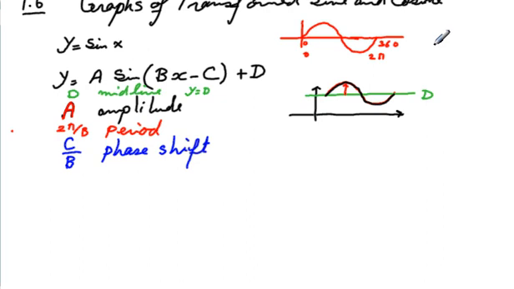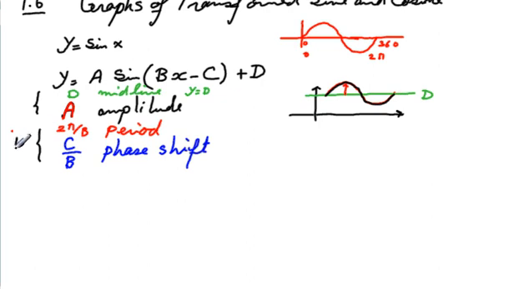So we have 4 quantities to think about. We have these two and also these two. The effect of these two is to modify the shape horizontally. Phase shift simply means moving the picture to the right or to the left. Modifying the period means you are shrinking or stretching this thing horizontally.